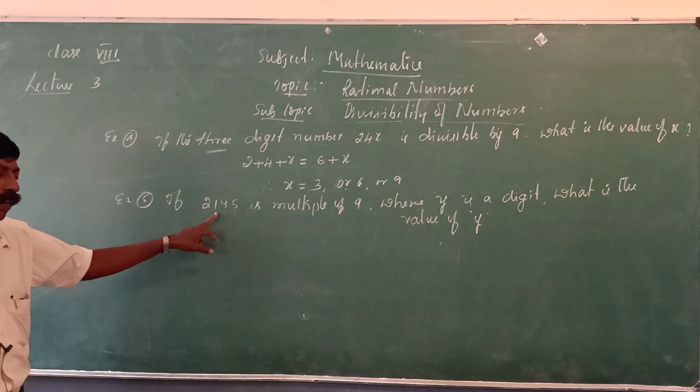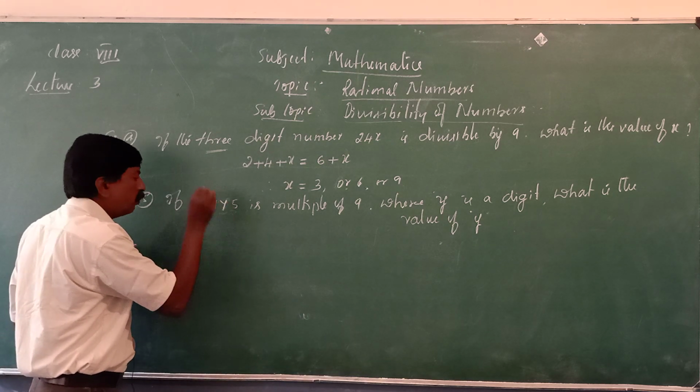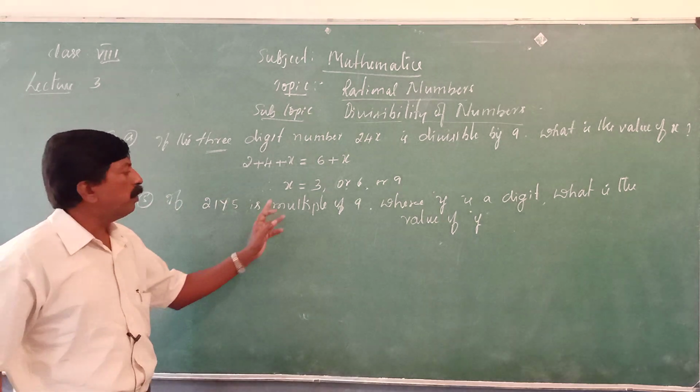Now 2, 1, this is y, 5. 21y5 is a multiple of 9.